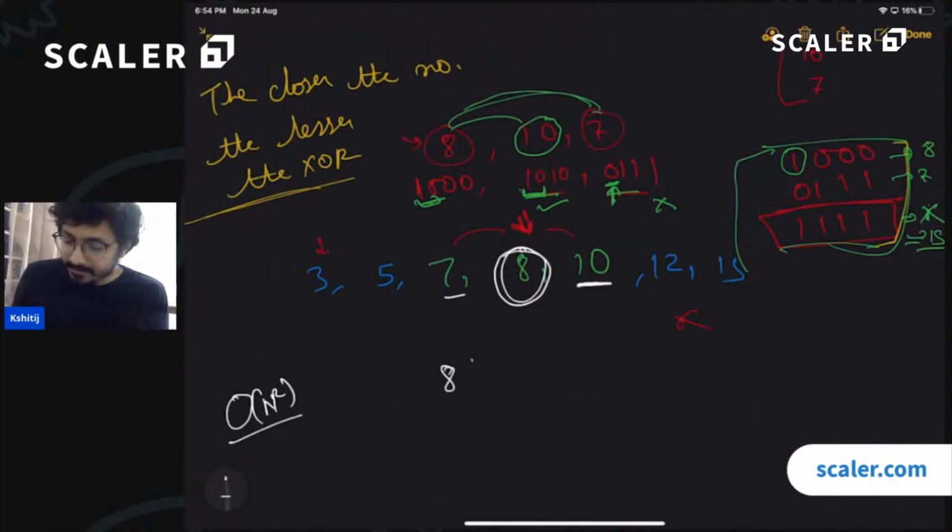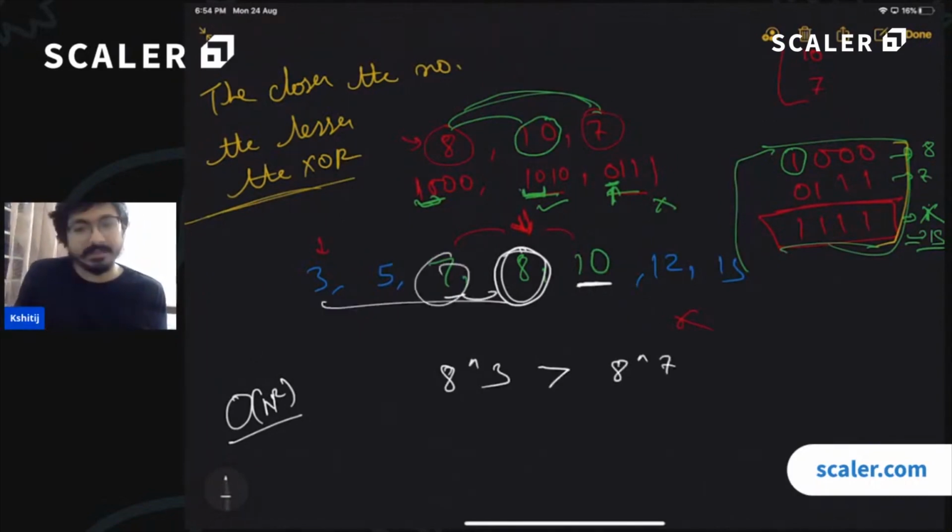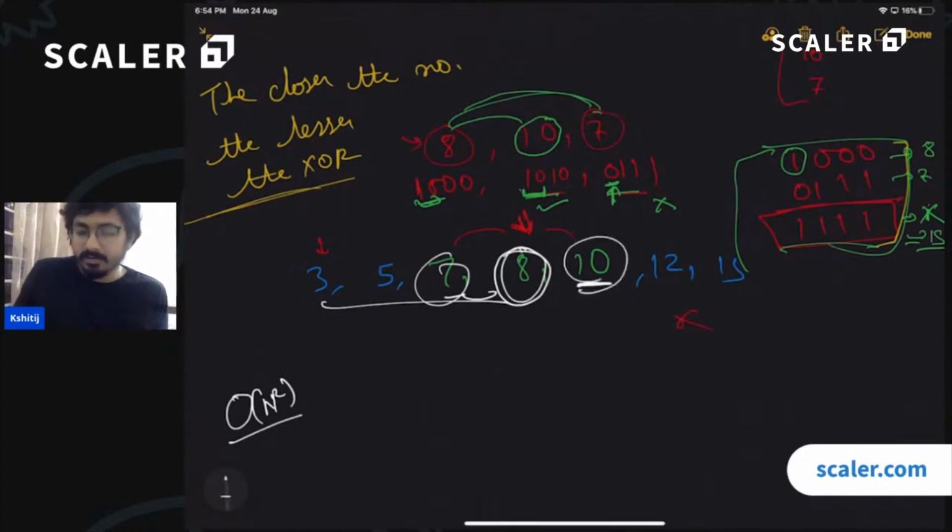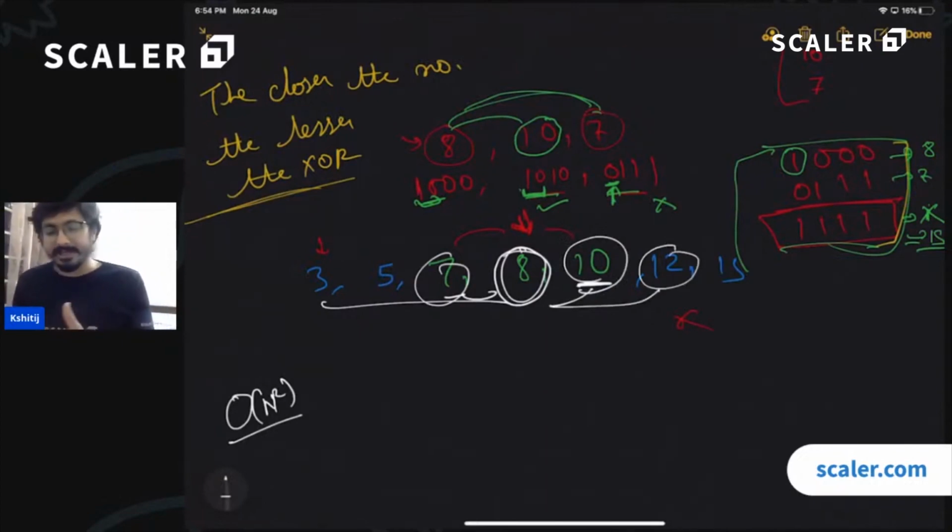So 8 XOR 3 will always be greater than 8 XOR 7, because 7 is closer than 3, right? Similarly, I can say that 8 XOR 10 will always be smaller than 8 XOR 12. Okay, because again 10 is closer to 8 than 12. So the chances of having a different bit are going to be more on the right side for 10 rather than 12, right?